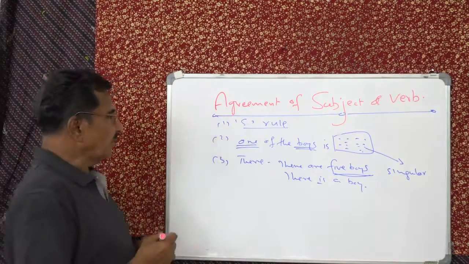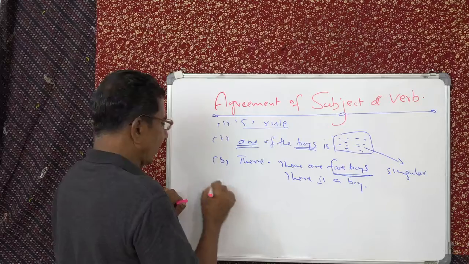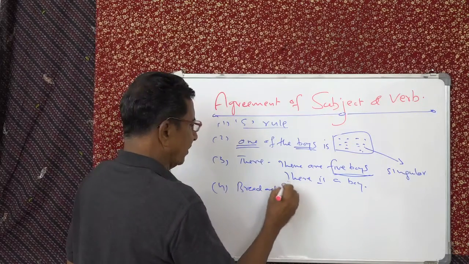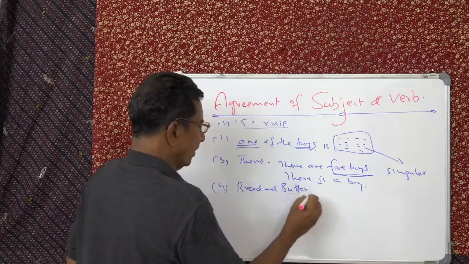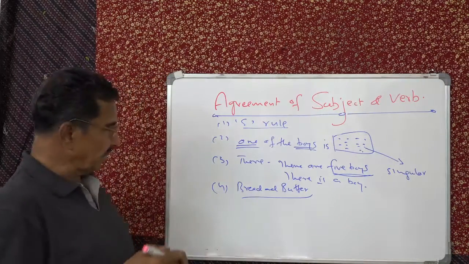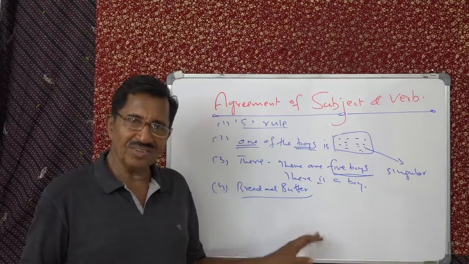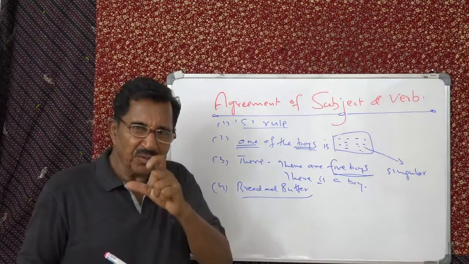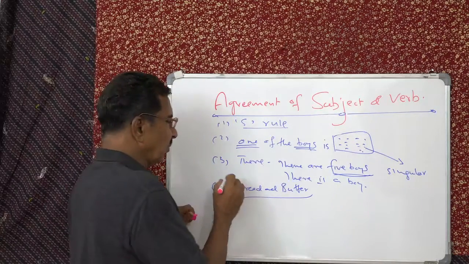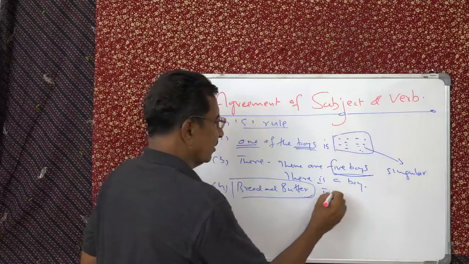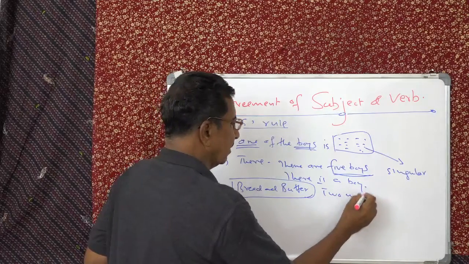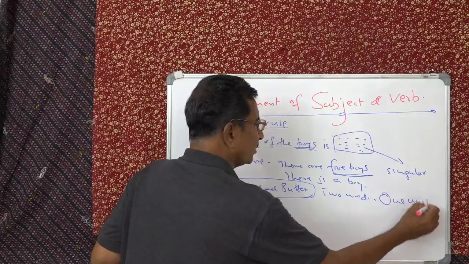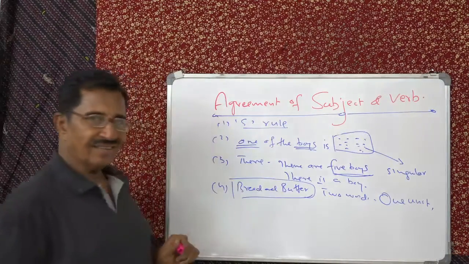Yeah. Now the fourth point today is bread and butter. Bread and butter means you can eat bread separately and butter separately. But when you say bread and butter, it becomes one unit, although you have two words. And therefore what did we say? Singular.